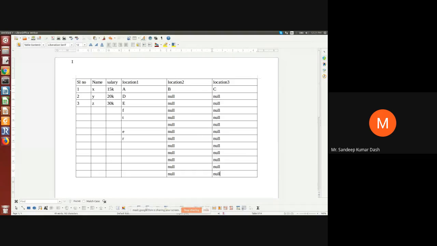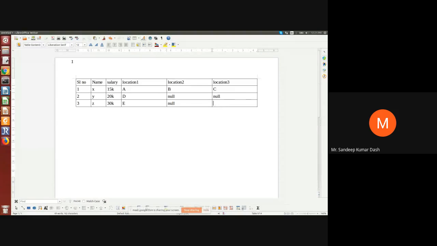What you need to do is that the accepted format is like this. Suppose here serial number, or suppose here student number. Student number is the primary key. Then I have to form another table.